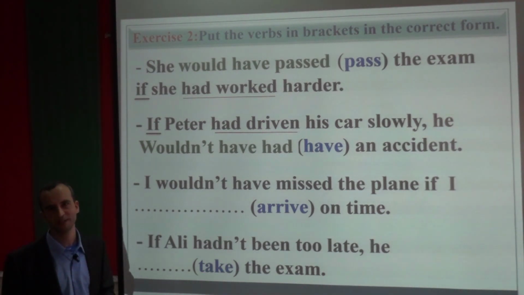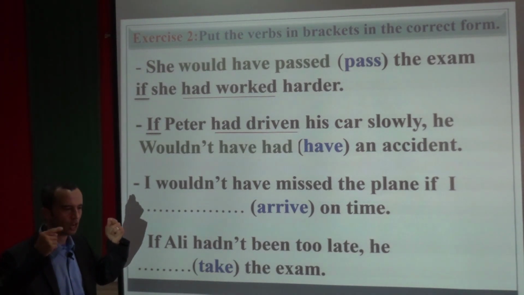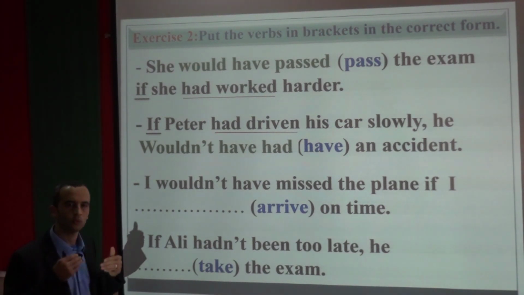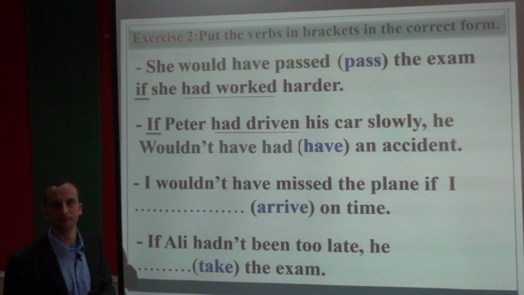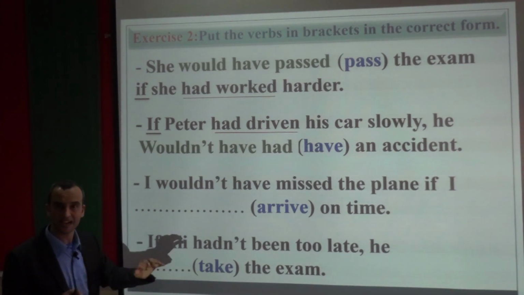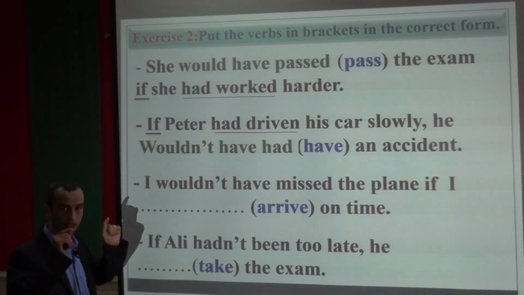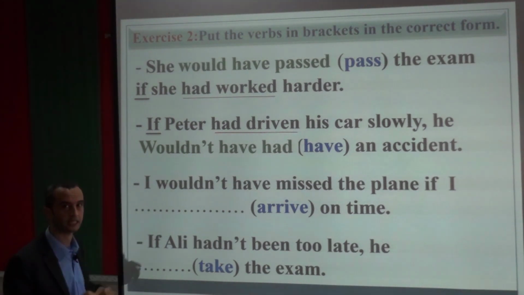Imaginary situation in the past. As I said, we imagine the opposite of what happened. Okay? So what happened is that Peter drove his car fast, then he had a terrible accident. So conditionally imagined opposite.